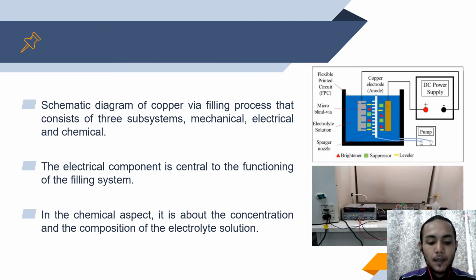Currently, there are about 3 types of additive offered in the industry: brightener, suppressor, and leveler. Brightener is a valuable chemical due to its brightness enhancing capabilities, while the suppressor acts as a deposition suppressor in the process, absorbing at the wall deposition area, making it a slow deposition area.